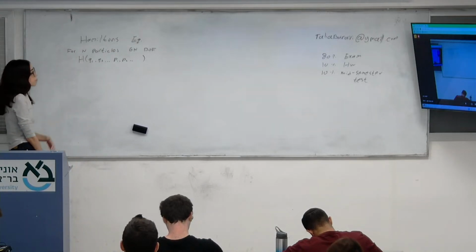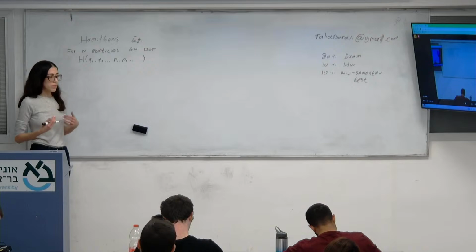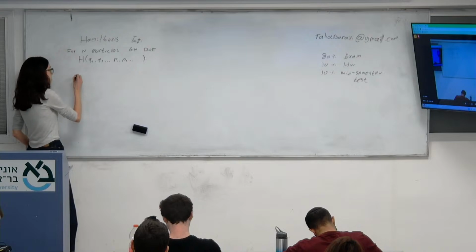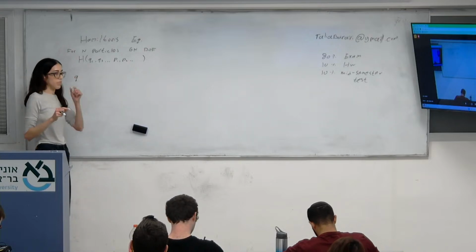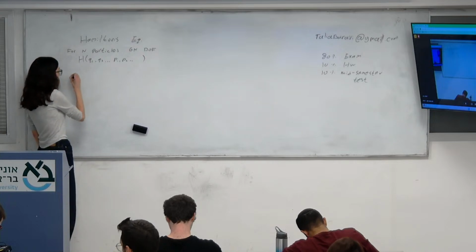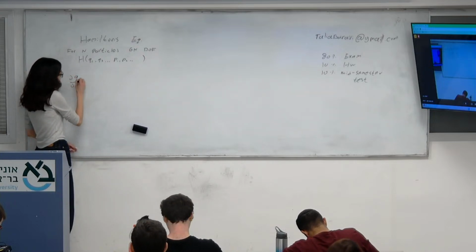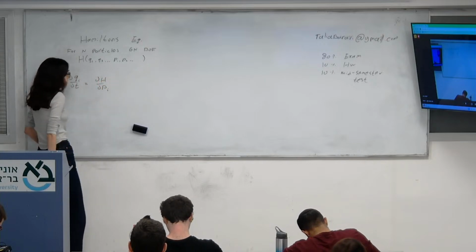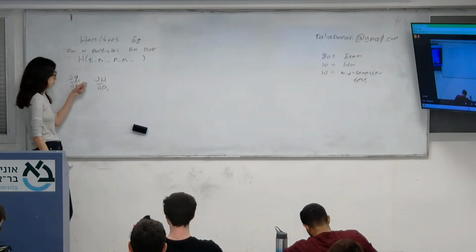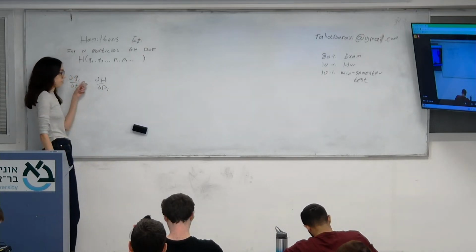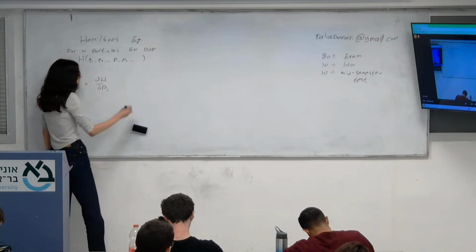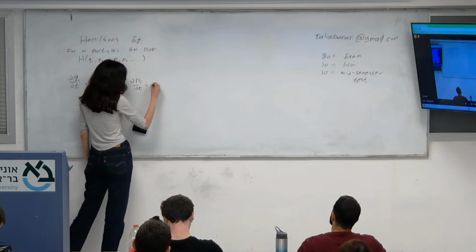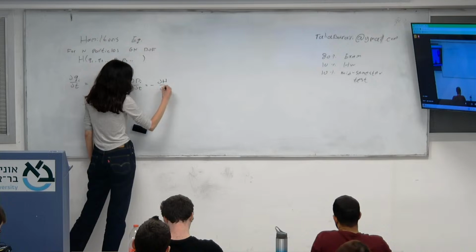The way those coordinates evolve in time can be described by the Hamilton equations. So for each set of coordinates, Qi and Pi, the derivative by time of Qi is equal to the derivative of the Hamiltonian by the momentum with the same index, so the same dimension and the same particle, and the derivative of the momentum by time is the same but with a minus.